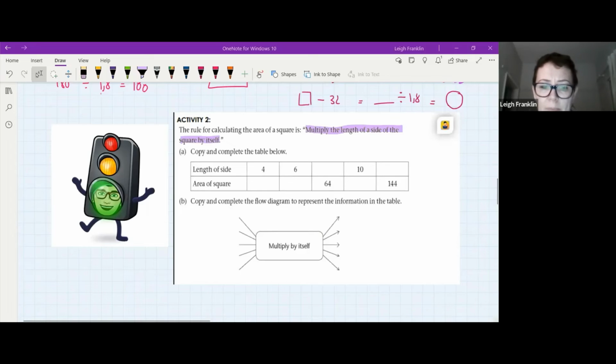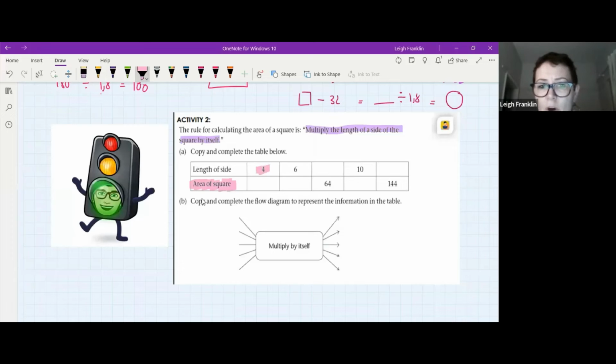So you have been given a rule for calculating the area of a square. So they're telling you how to calculate what goes into this box over here. The rule is multiply the length of a side by itself.